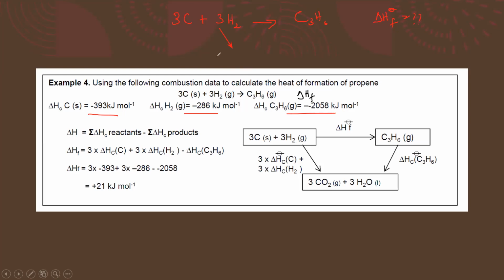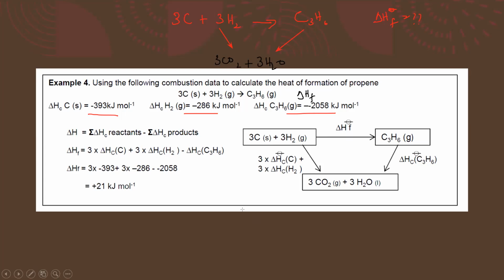If we burn 3 moles of carbon, it will produce 3 moles of carbon dioxide, and if you burn 3 moles of hydrogen molecule, it will produce 3 moles of water. Same way, if we directly burn this propene, it will also result in the formation of 3 moles of carbon dioxide and 3 moles of water.